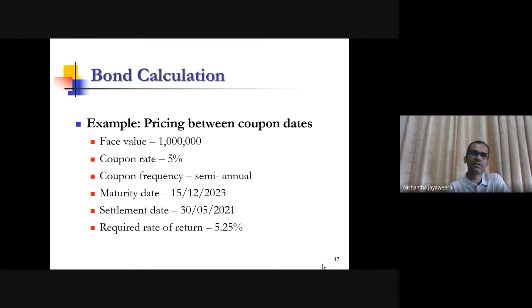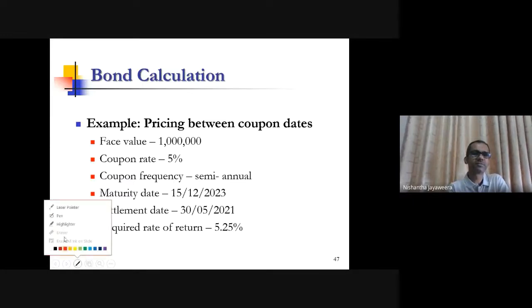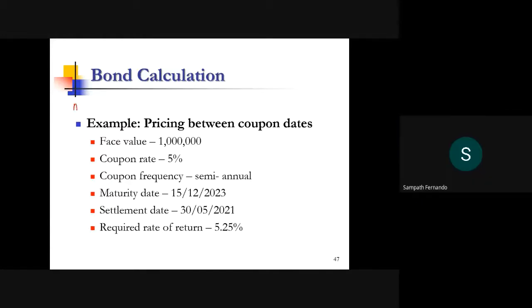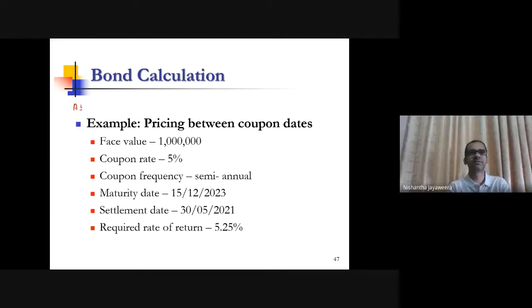How do we calculate the accrued interest? The days between the coupon date and settlement date, we get that. Yes. Multiplied by.